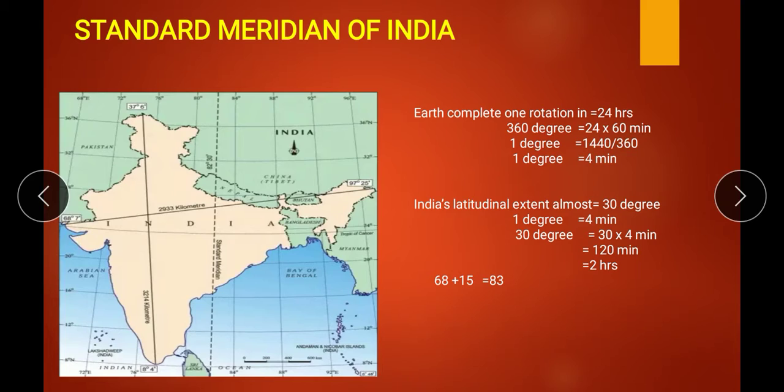You know that Earth complete its one rotation in 24 hours. It means Earth rotate 360° in 24 hours.